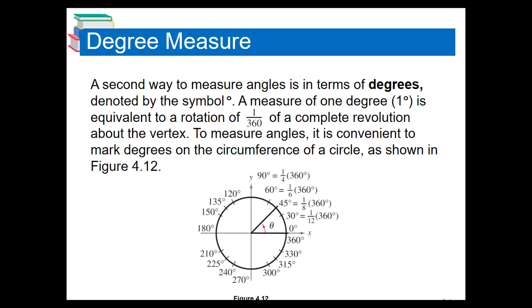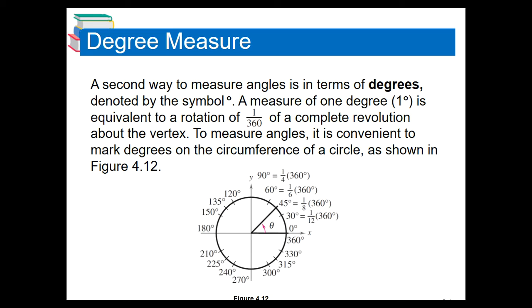We're going to talk a little bit about degree measure here. All right, this is something you're much more familiar with. The second way to measure angles in terms of degrees is denoted by the little degree symbol. A measure of 1 degree is equivalent to a rotation of 1/360, right? Because we know there's 360 degrees in a complete circle or a complete revolution around this coordinate axis.